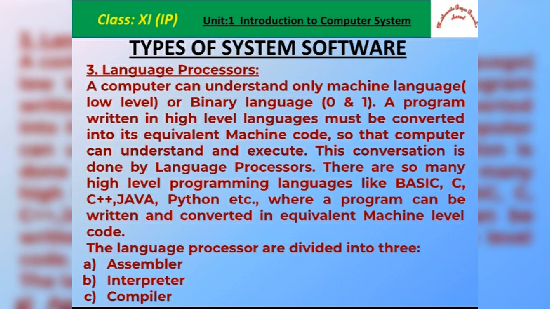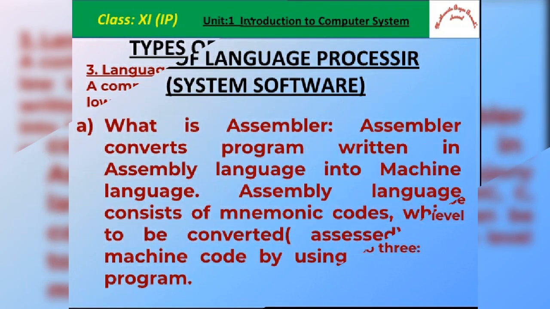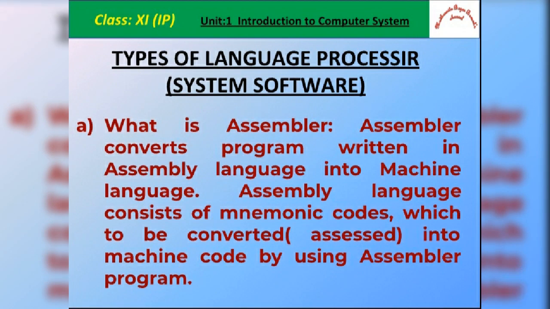The assembler converts a program written in assembly language into machine language. Then the interpreter. The interpreter converts a high level language program into machine level code in a line by line manner and it is executed.